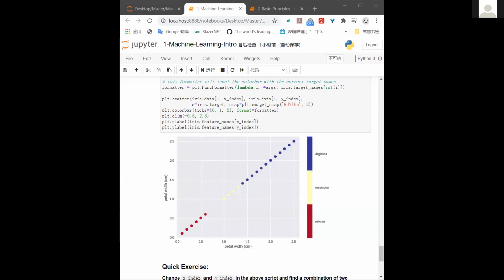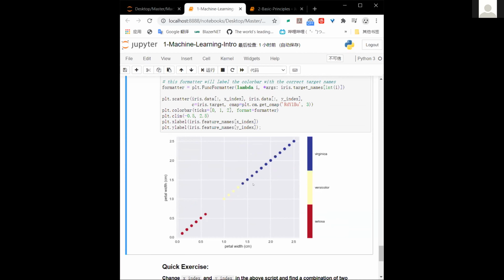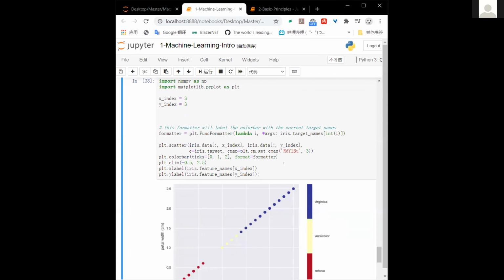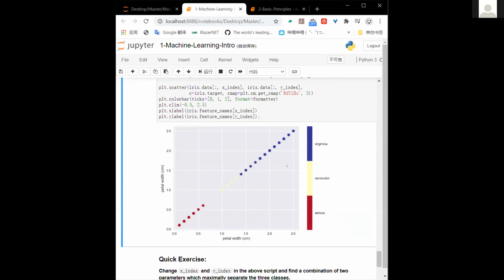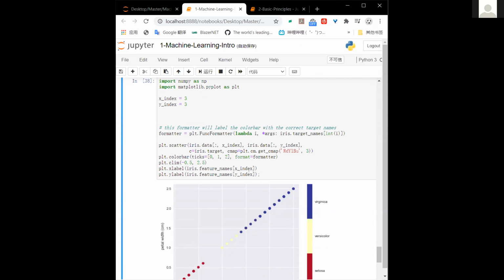Right here, we need to change the X and Y. So what should we do here? Could I make X, Y the same numbers?